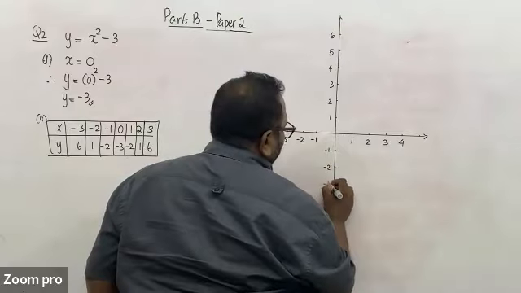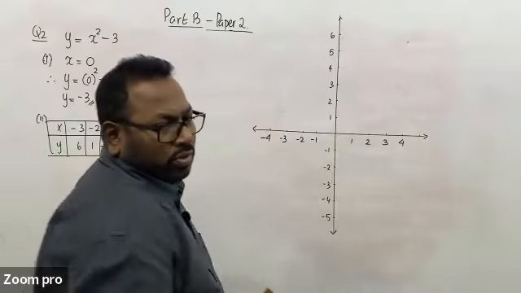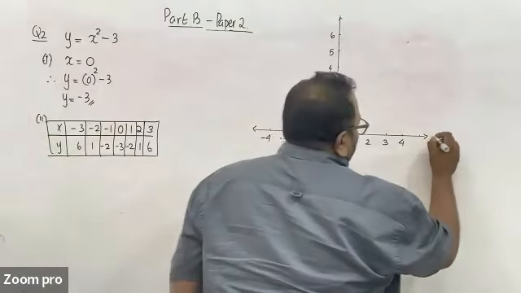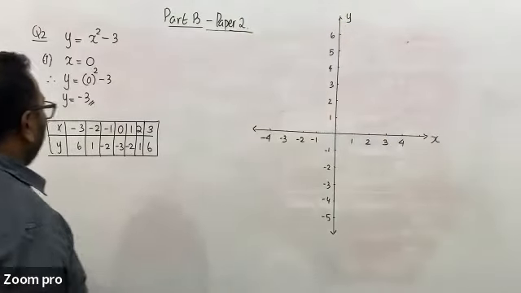Then -1, -2, -3, -4, -5. X and Y. Right.